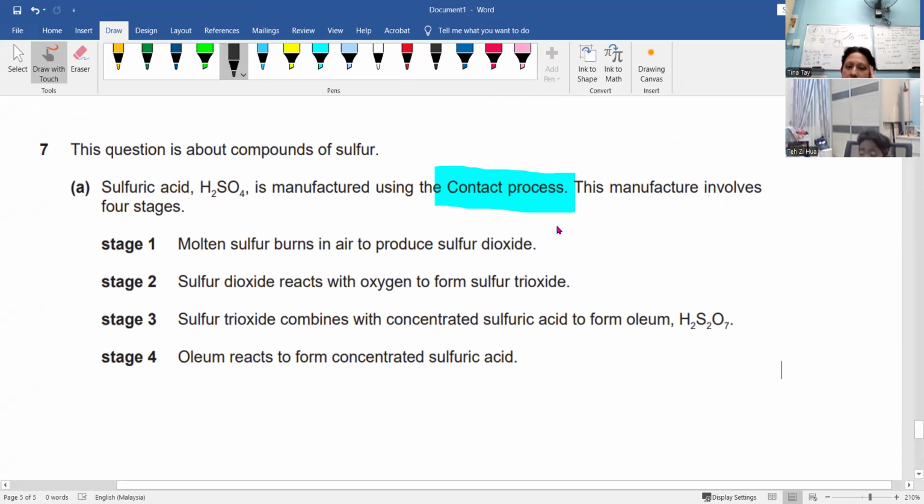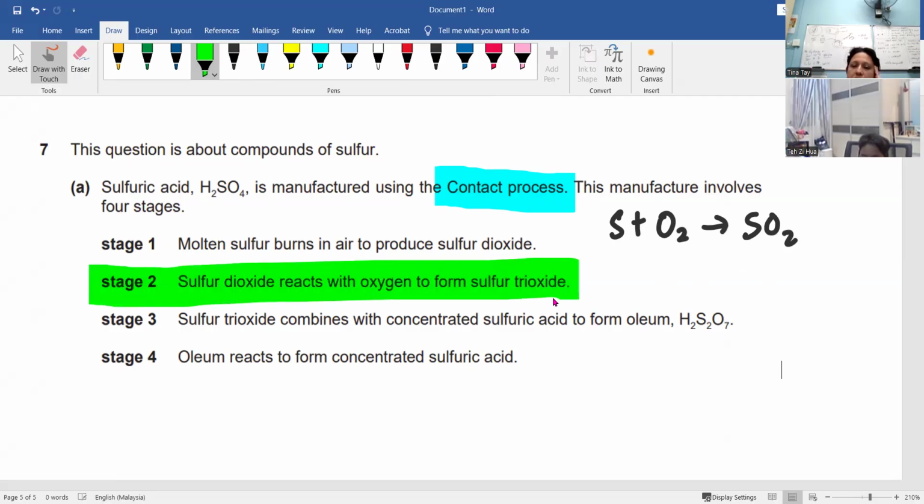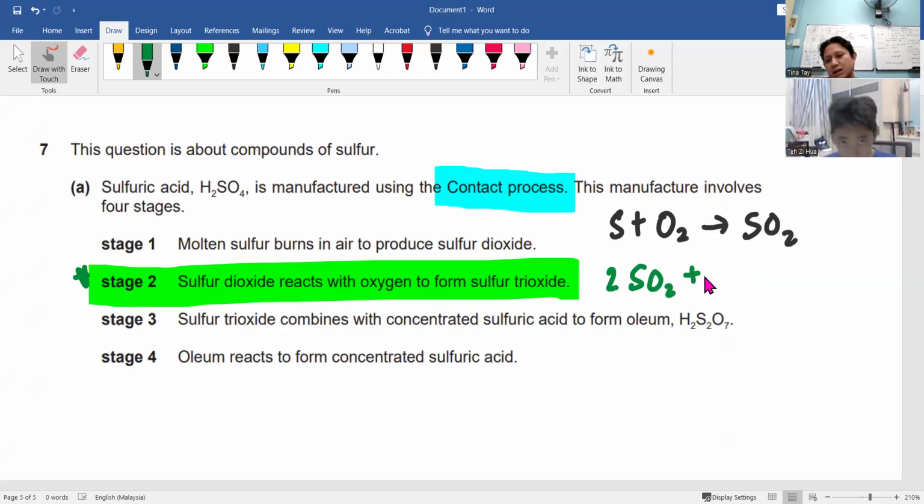So the first thing you do is the molten sulfur burns in air to produce sulfur dioxide. This is not a reversible reaction, it just burns. Stage 2 is the one that is reversible. Stage 2 is the one that we need to have temperature, pressure, catalyst. So stage 2 is sulfur dioxide gas reacts with oxygen gas.